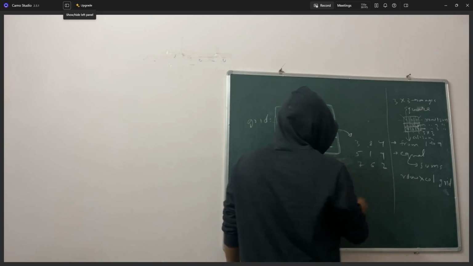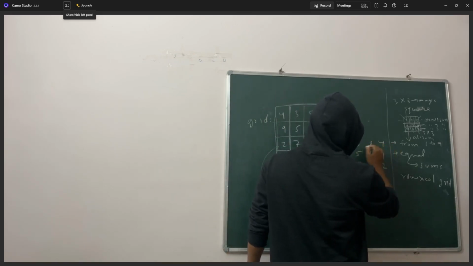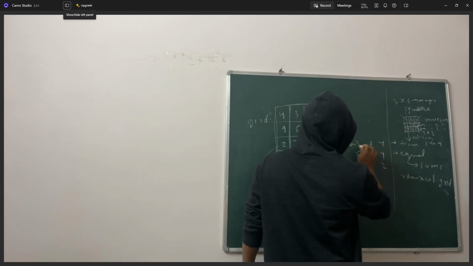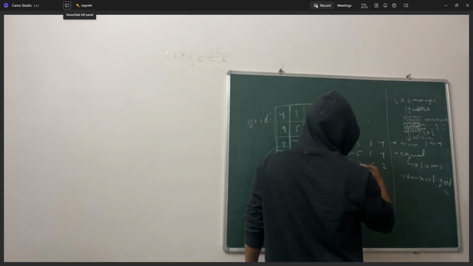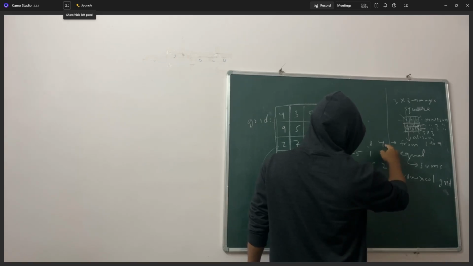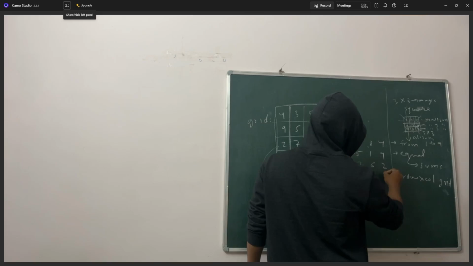Let's find the row sums: 12 plus 3 is 15, 5 plus 1 plus 9 is 15, and the last row is 7 plus 6 plus 2, which is 15. Now the columns: 3 plus 5 plus 7 is 15, 8 plus 1 plus 6 is 15, 4 plus 9 plus 2 is 15.